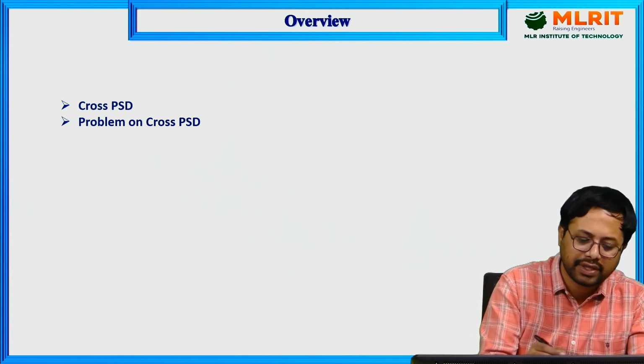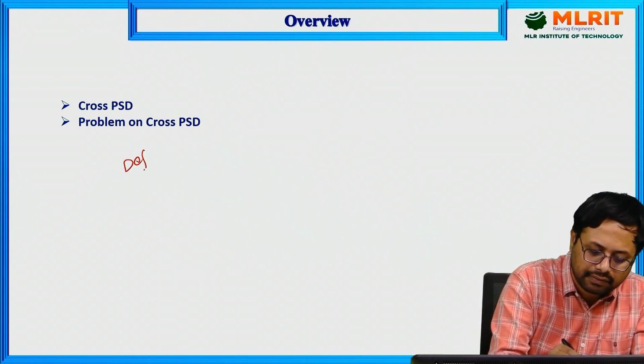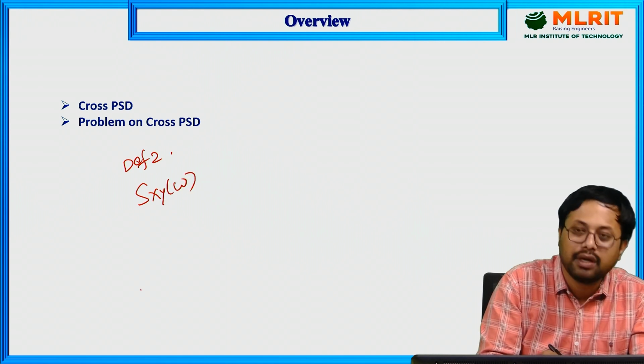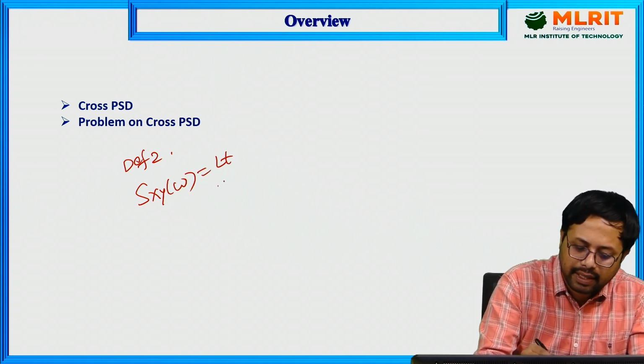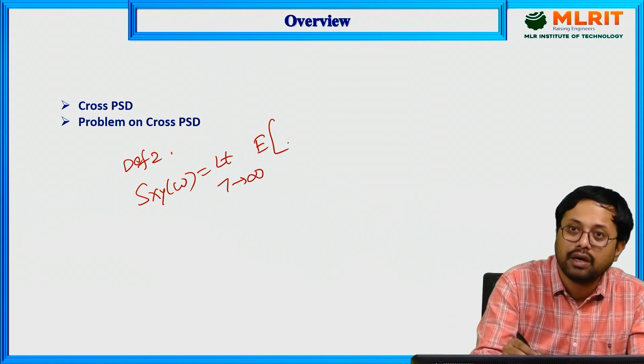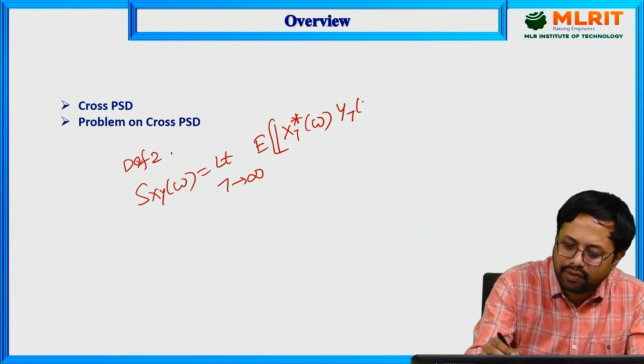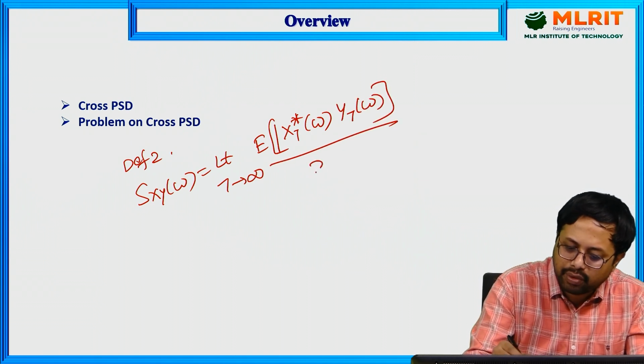Next, the second definition. The second definition tells that Sxy of omega is equal to limit T tends to infinity expectation of X_T conjugate of omega times modulus Y_T of omega divided by 2T.